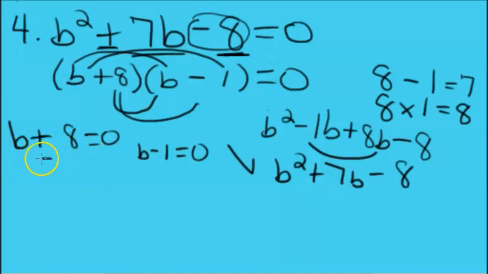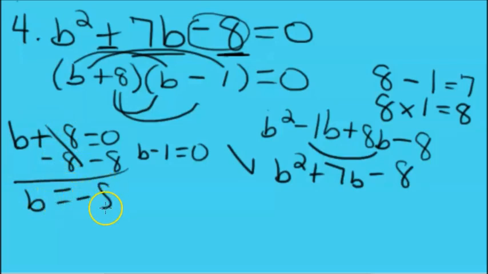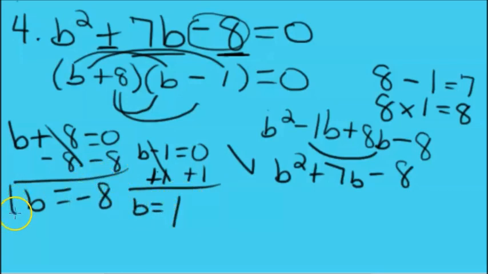To get b by itself, you subtract 8 from either side, which cancels that out. B is equal to -8. You get b by itself on here, so you're adding 1 to either side, which cancels that out. B is going to be equal to +1. Okay, so our answers are going to be b is equal to -8 and b is equal to 1.